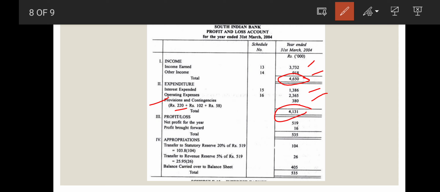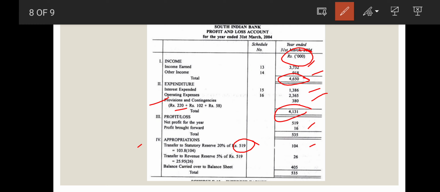Next, the third adjustment: the previous year profit 16,000. We take it as 16, because the other values are in thousands. So we find the total 535. Number 4, appropriation. We take the net profit 519. 20 percent is given in the sum: 20 percent for the statutory reserve. 20 percent of 519 is 104.